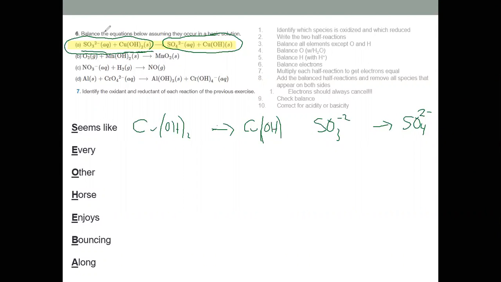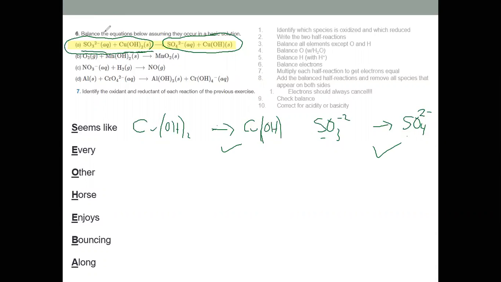All right, so let's go ahead and now balance the elements other than oxygen and hydrogen. We have one copper on the left, and we have one copper on the right. That balances. We have a sulfur on the left, and we have a sulfur on the right. So far, so good. Now, let's balance the oxygens. And remember how we do that?